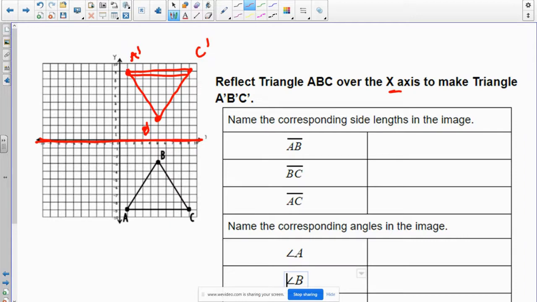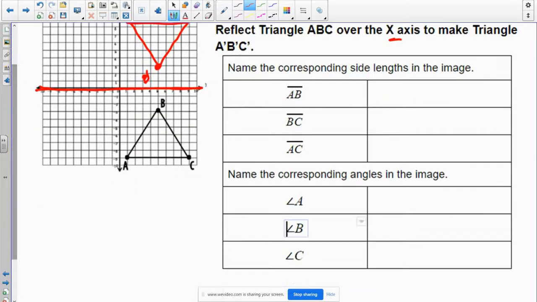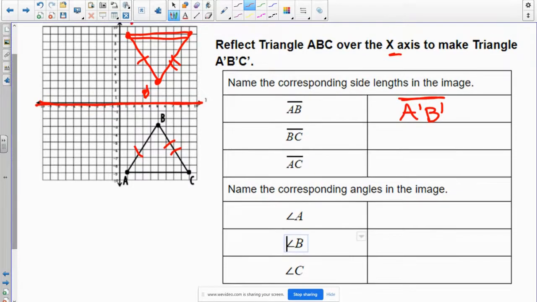Mine's not bad. And then just a reminder, corresponding. So AB right here corresponds with A prime, B prime. Make sure you put your line segment. BC corresponds up here, really down just a little bit. B prime, C prime, line segment. And then AC corresponds with A prime, C prime, line segment.